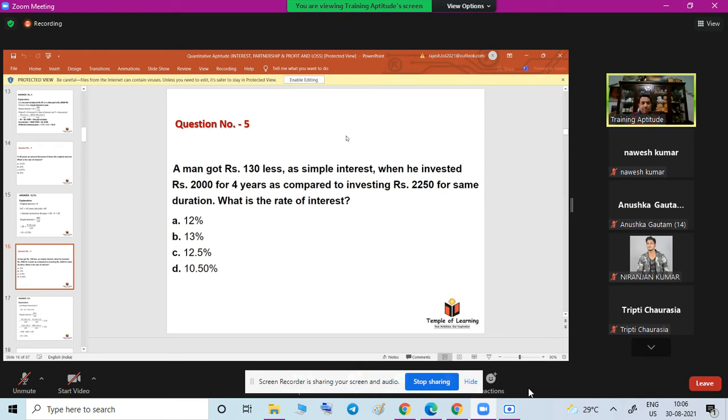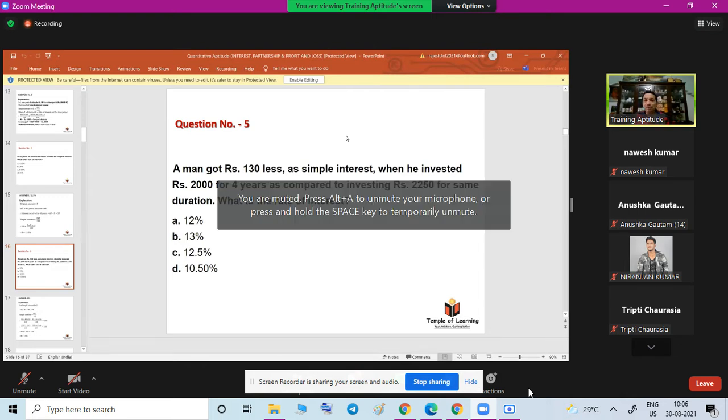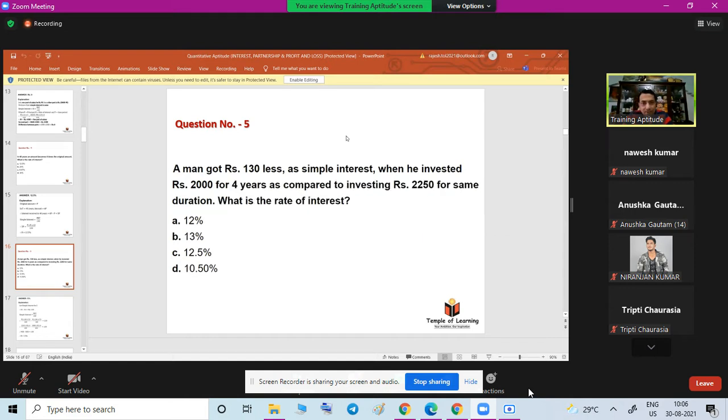I repeat one more time. Let the rate of interest be 1%. I always take principal as 100. Rate of interest 1%. If it is 1%, then the interest earned for 4 years is 80 rupees on 2000, and interest earned in 4 years on 2250 is 90 rupees.